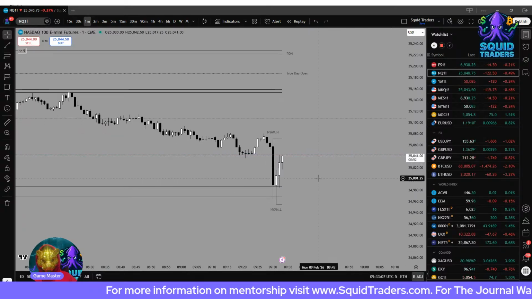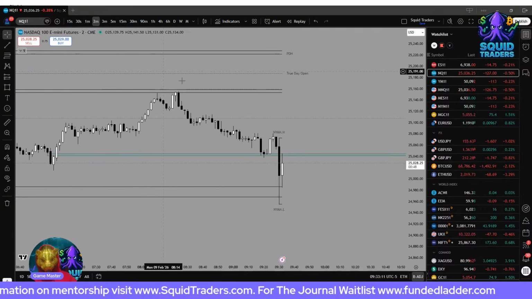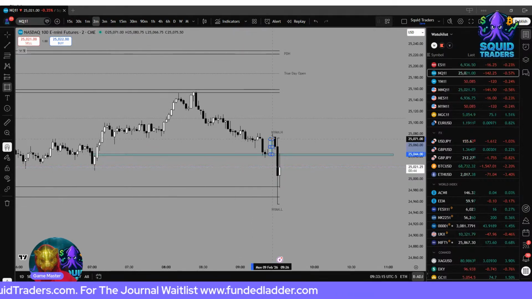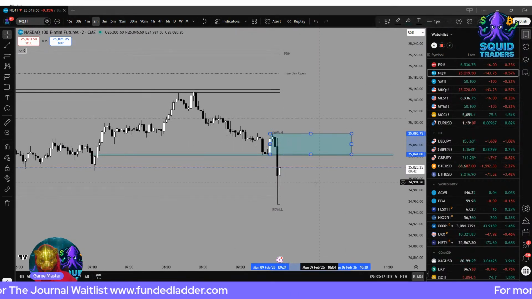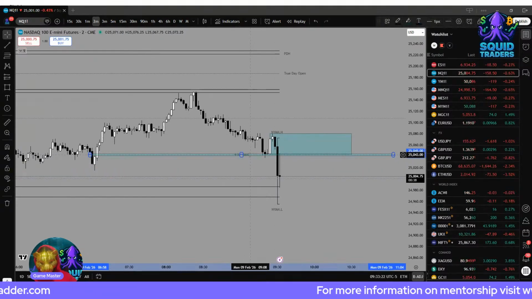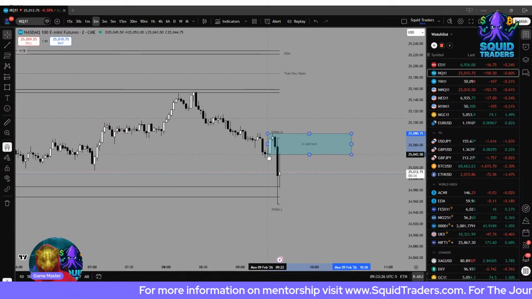What you're really waiting for, if it's a rejection, is a change in state of delivery. If it's not, then we want to see a closure above this. I really like this color. I'm going to keep this as my go-to color for boxes on stream.